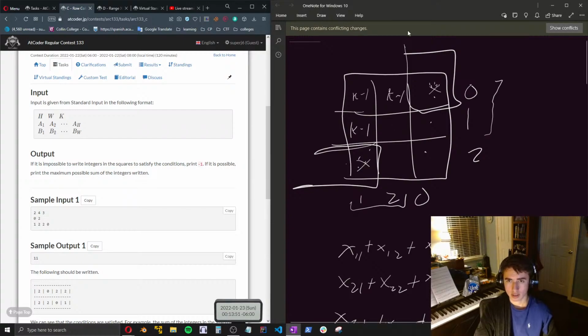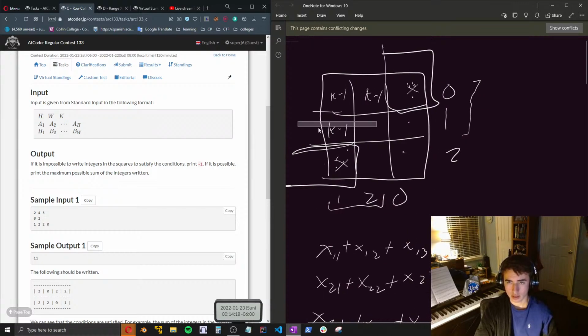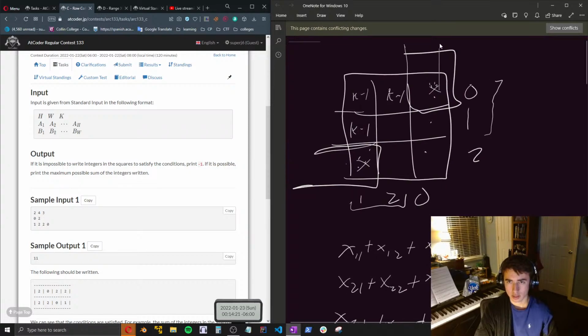We know that this plus this is equal to here. So it's this minus this. This minus this is equal to this. This minus this minus here. Here.